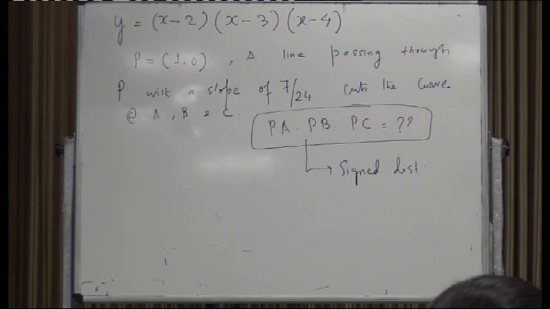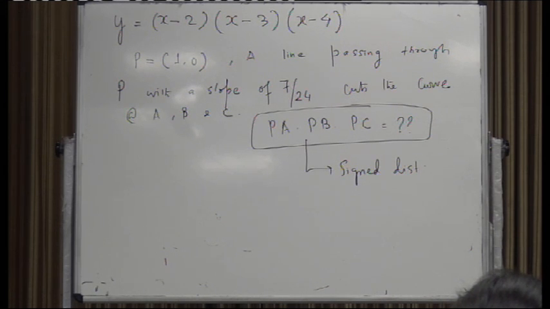So you have this curve y is equal to x minus 2 into x minus 3 into x minus 4, है ना? And you have a point on the line that is 1 comma 0, and 1 comma 0 say you are just stretching a line P से, जिसका slope क्या है? 7/24. Obviously that point would be cutting your curve.